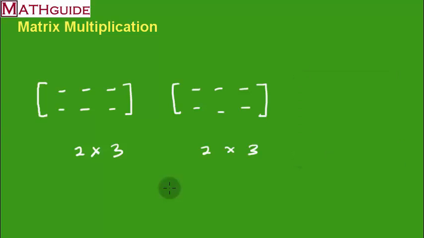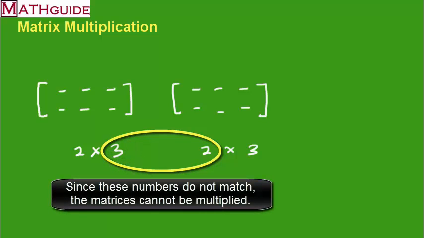But the problem with matrix multiplication is that it doesn't work. How easily can I check? Just by looking at these 2 numbers right here, 3 and 2. They have to match. In other words, the number of columns of the first matrix has to match the number of rows of the second matrix. Otherwise, it's not going to work.